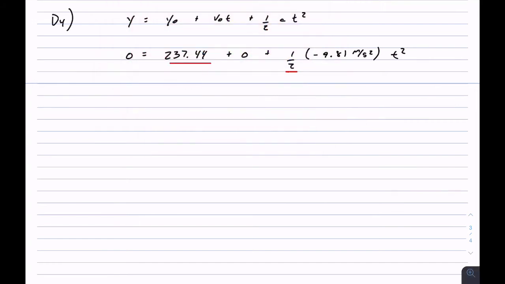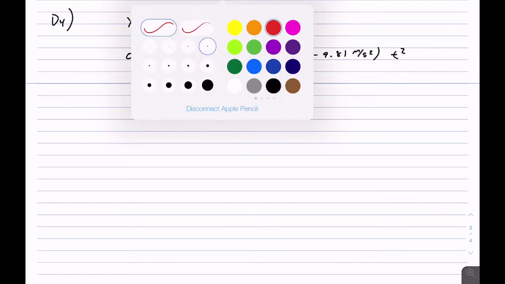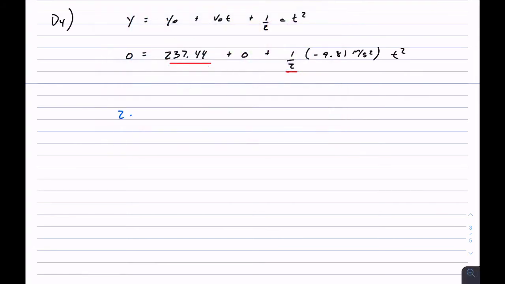Then I multiply this to the other side. So now I have 2 times negative 237.44 meters. Okay. Now I'm going to have negative 9.81 meters per second squared is equal to t squared.